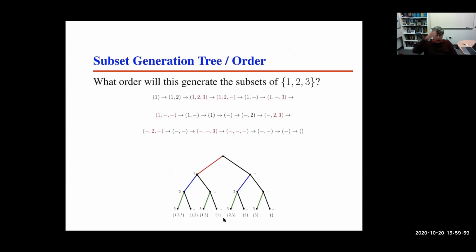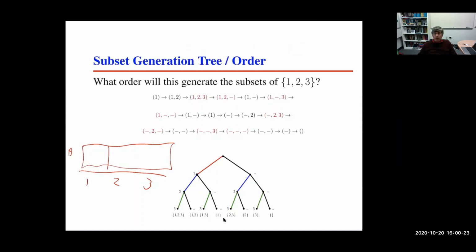Let me show you an example. If we want to construct all subsets of 1, 2, and 3, what should we be trying to do? We have a solution vector A. What are the choices for the first spot? Does anybody want to tell me what my choices of the first spot are?